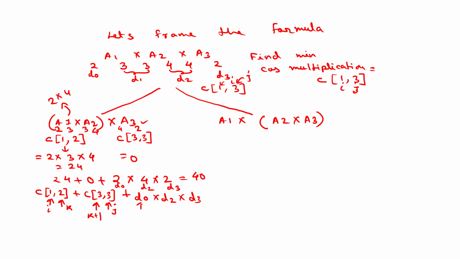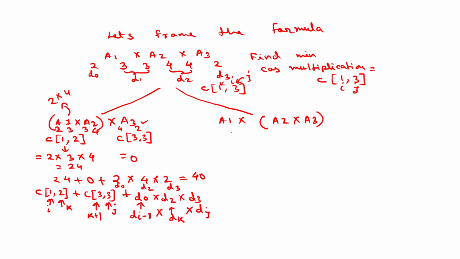Similarly, D0 means D(I minus 1), but I is 1, so I minus 1 is 0. Multiply with D2, that is DK, because K is 2, into D3, that means DJ.